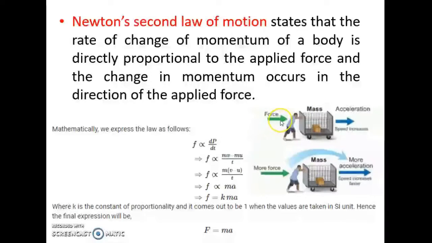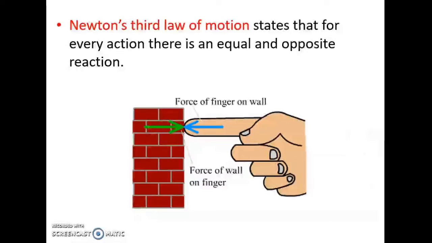So he is applying certain force, and because of that force the mass is undergoing certain acceleration. Now if he wants to increase the acceleration, what he has to do is increase the force. So more the force, more will be the acceleration. So this is the diagram which shows you the application of Newton's second law of motion.